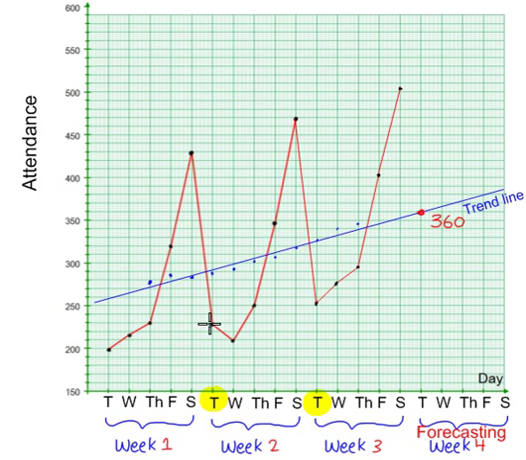So let's work out the residual, which is the difference between the actual data value and what the trend line gives for this Tuesday and for this Tuesday. So we're looking at Tuesday of week 2 and Tuesday of week 3.